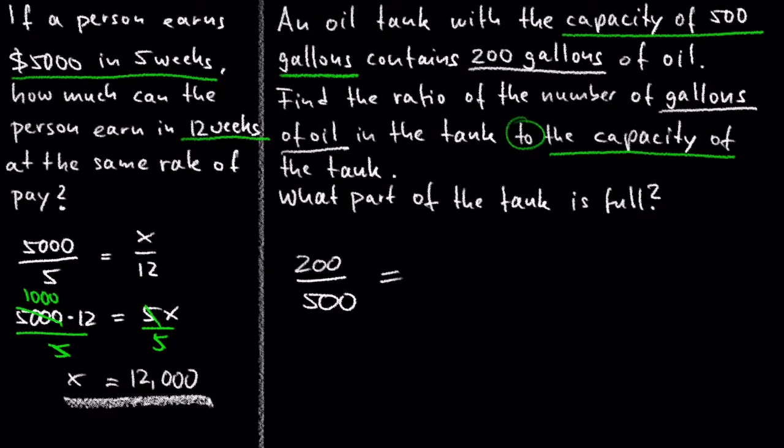The ratio is 200 to 500, which we can write after simplifying as 2 to 5. 2 of 5 parts of the tank is full.